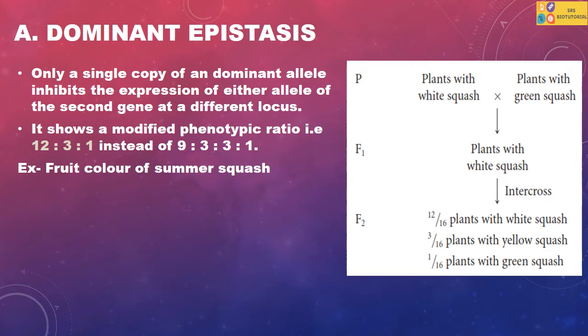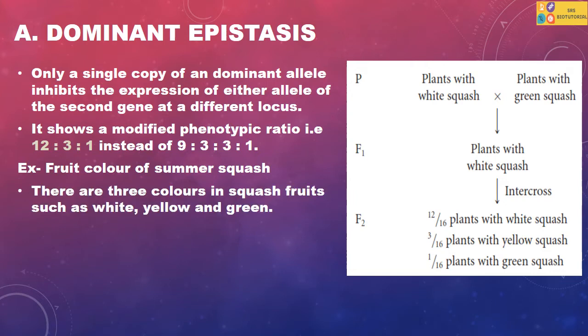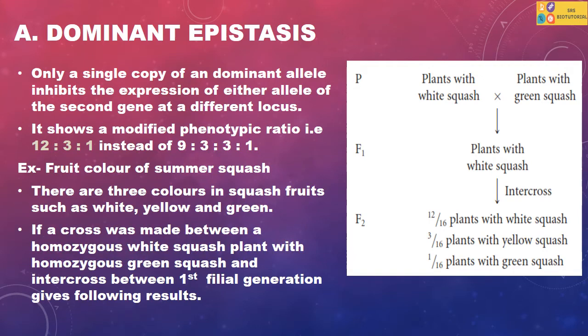There are three colors in summer squash fruit: white, yellow and green. If a cross is made between a homozygous white squash and a homozygous green squash, we obtain plants with white squash in the first filial generation.